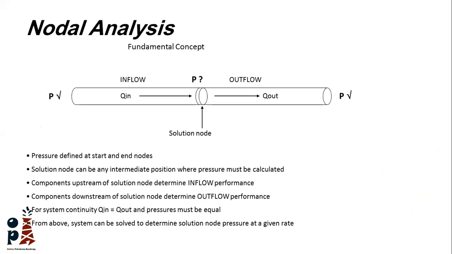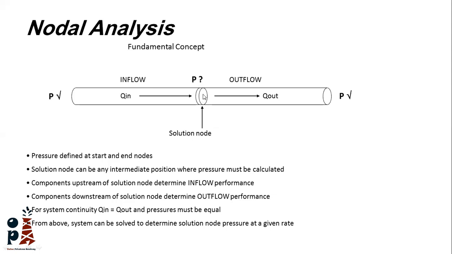So, nodal analysis. This is the fundamental concept of nodal analysis. As we see here, there is a segment. In this segment, we have a known pressure here and another known pressure here. It's a node and this is a node. Across the segment, in the intermediate, we have a solution node.